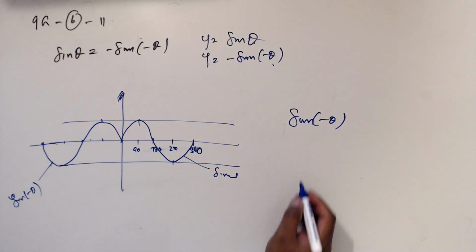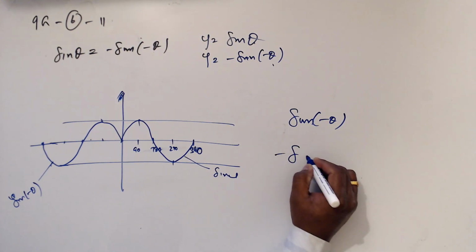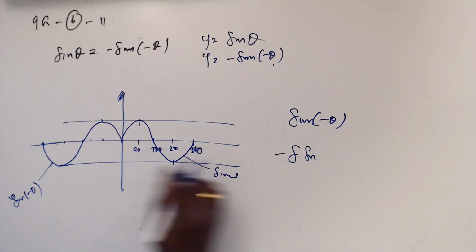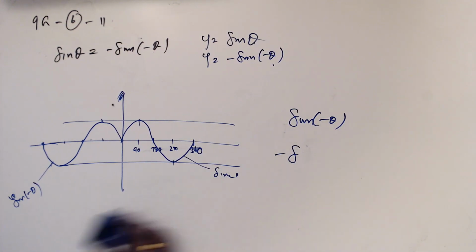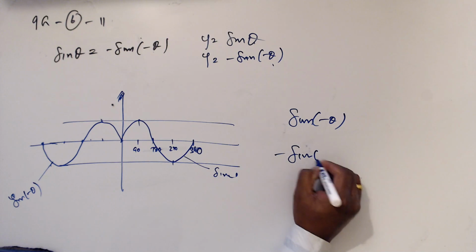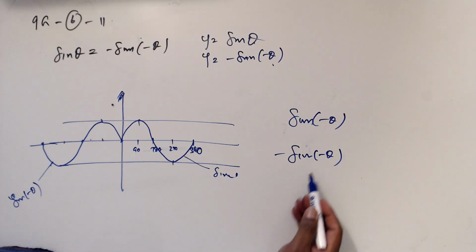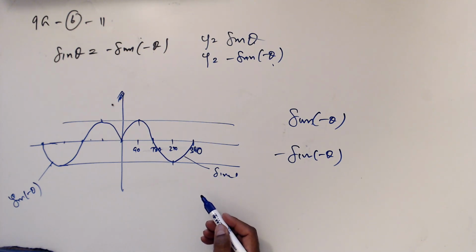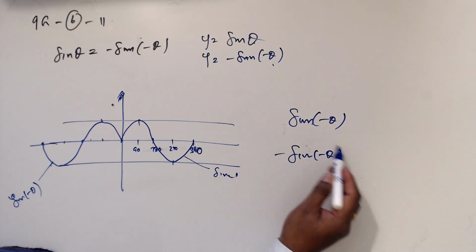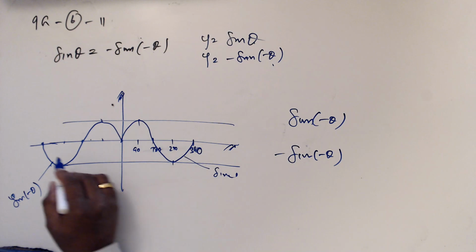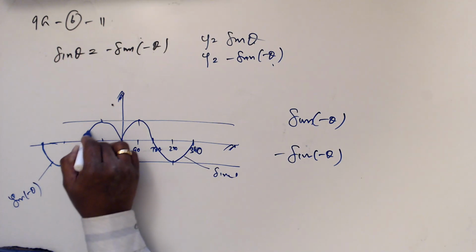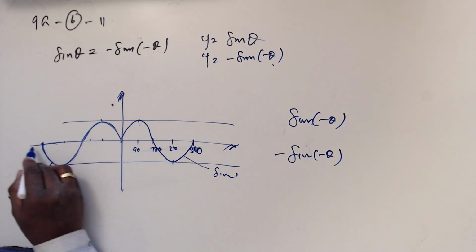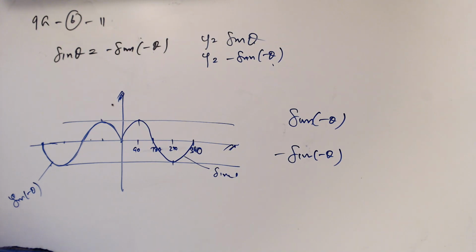Now what will happen? Minus sine minus theta. Now this is minus. I will take the minus value of this one. It means this is going to be a reflection in the x-axis.